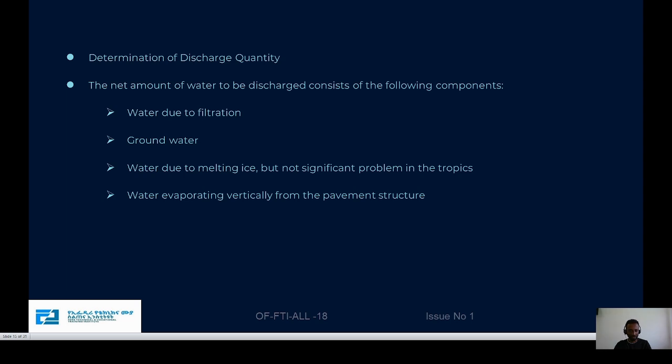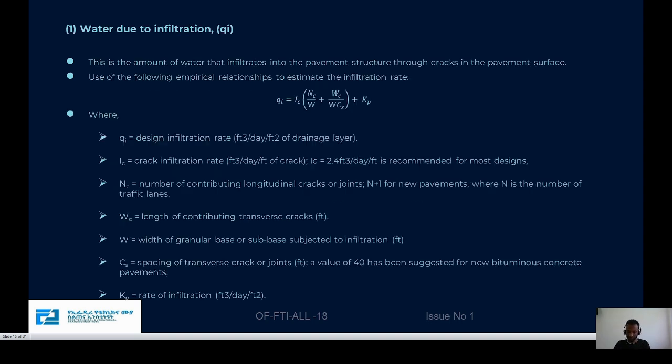First are the waters due to infiltration, groundwater, and water due to melting, which is mostly in cold regions. In the Ethiopian case there is no significant problem, and the water evaporating vertically from the pavement structure will be considered.